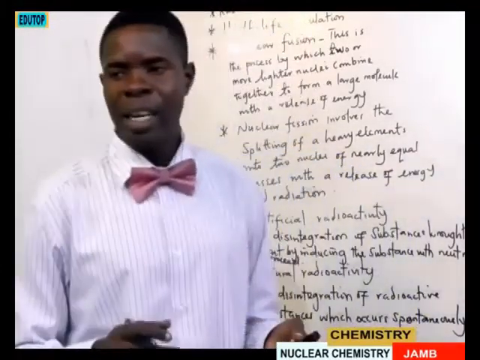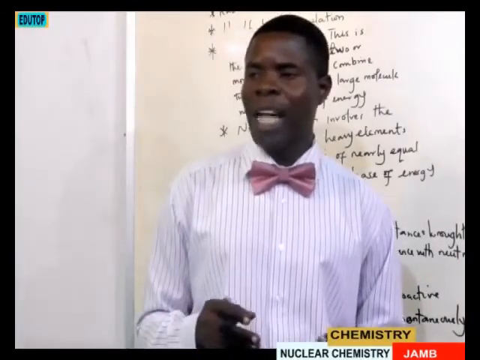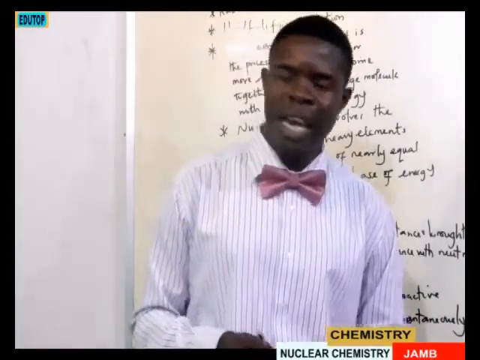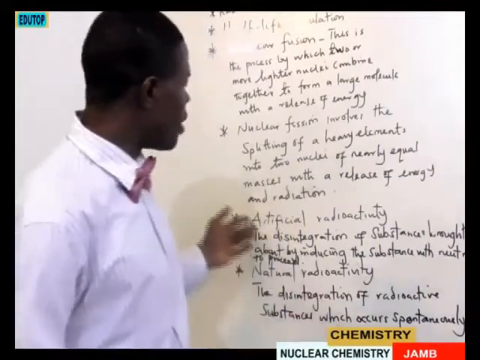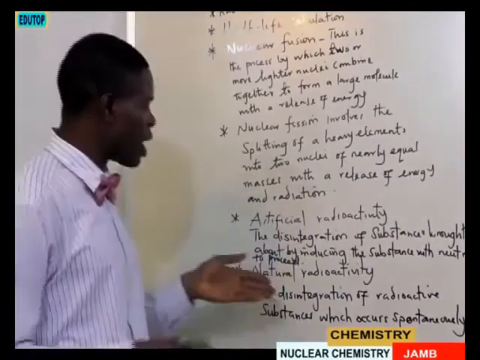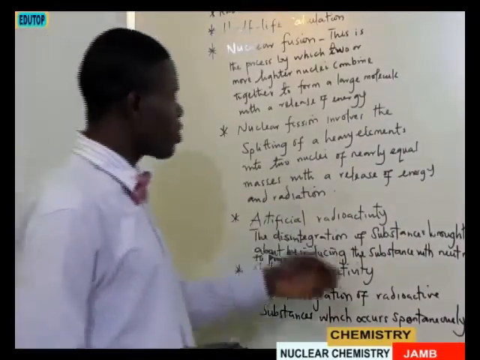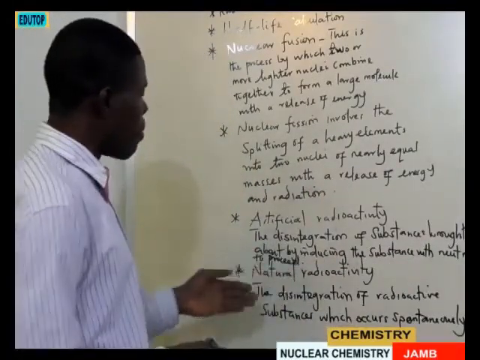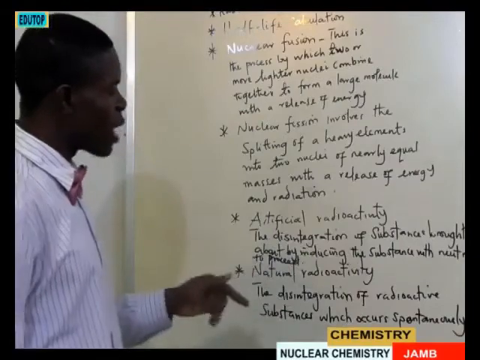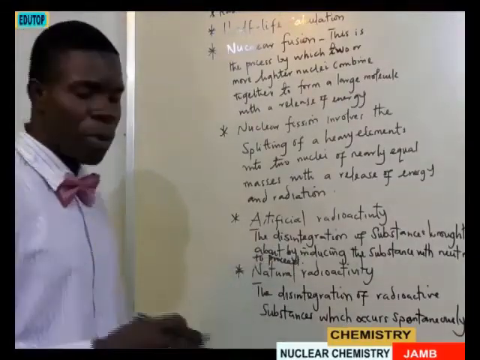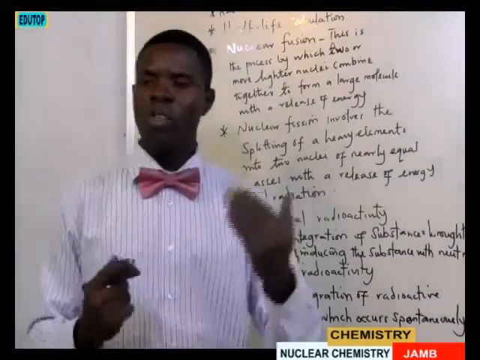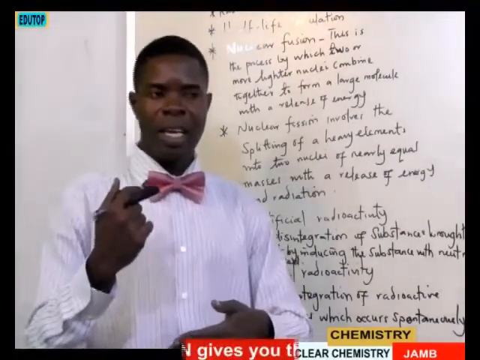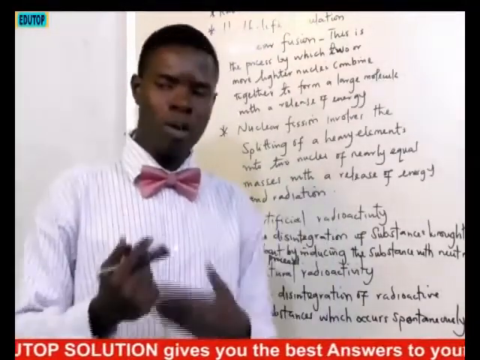So, in natural and artificial radioactivity, the major difference is that in artificial radioactivity, the disintegration of substances is brought about by inducing the substance with neutron for the reaction to proceed. So it does not occur spontaneously.